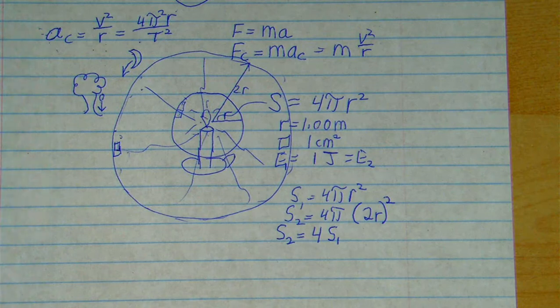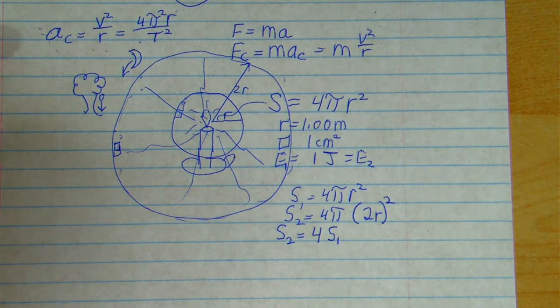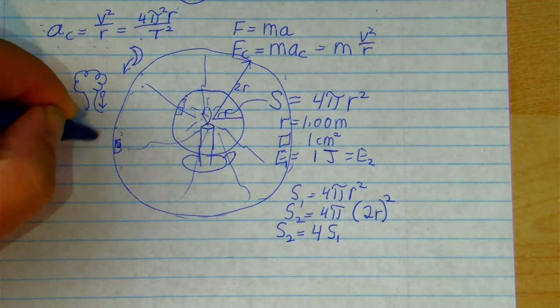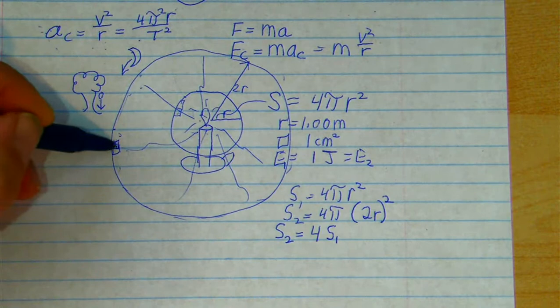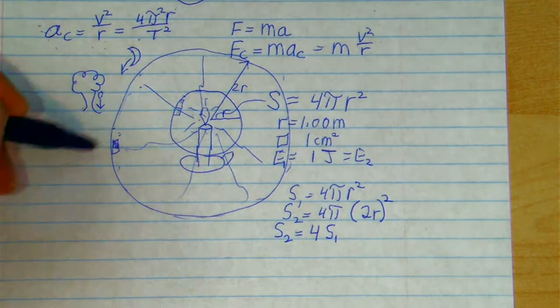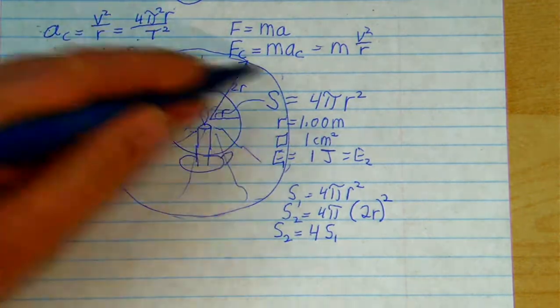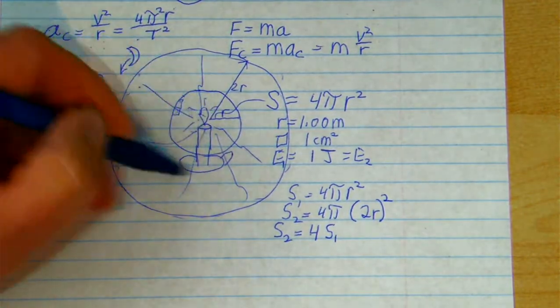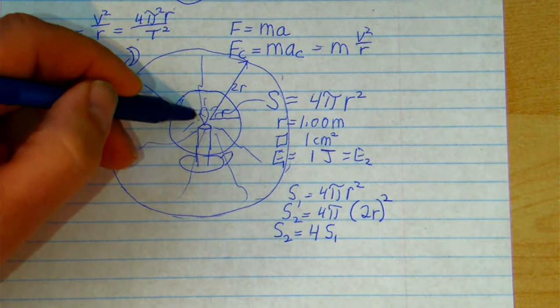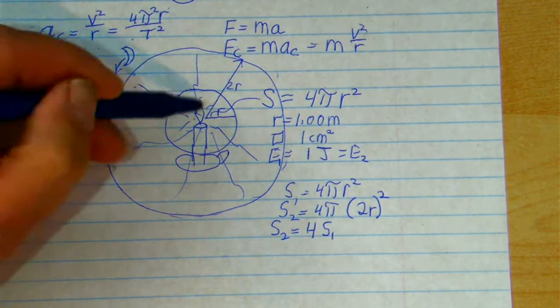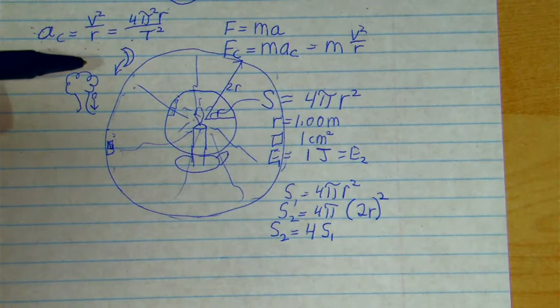What does change is the intensity of that light, how much energy there is on each little teeny tiny 1 square centimeter detector. On the larger sphere, there are 4 times as many of these detectors as there was on the first sphere. Yet the total has to add up to the same total energy.